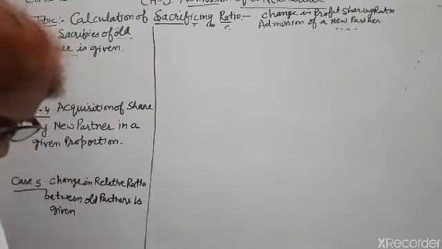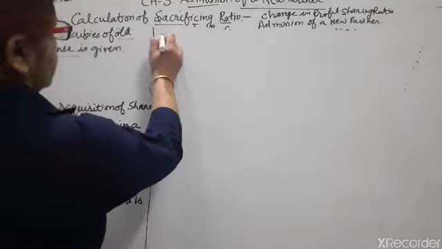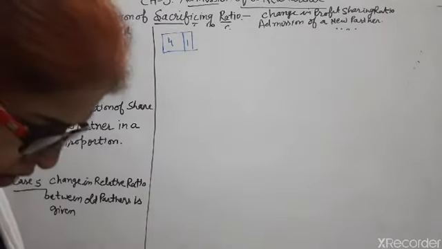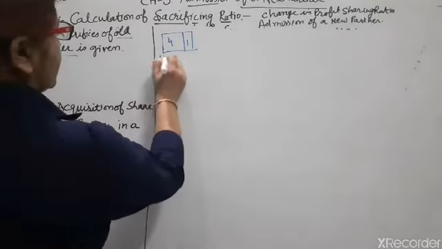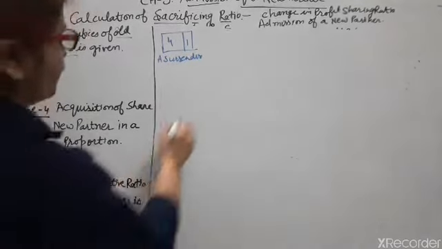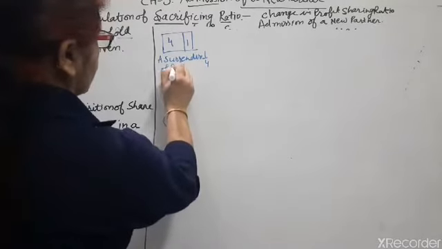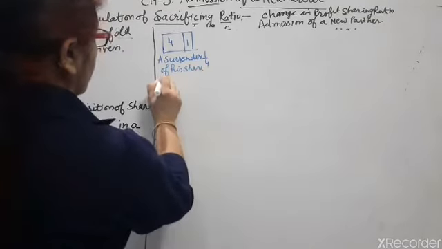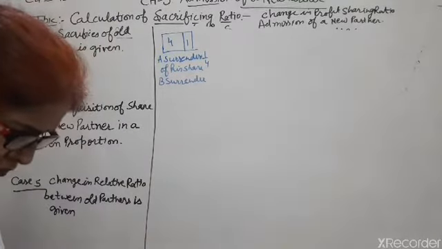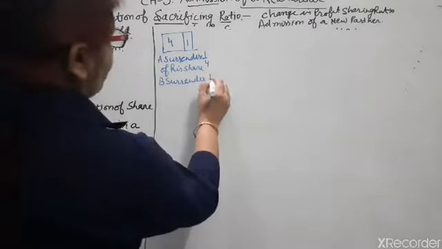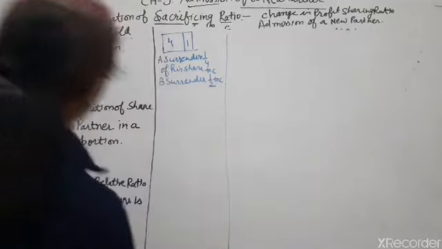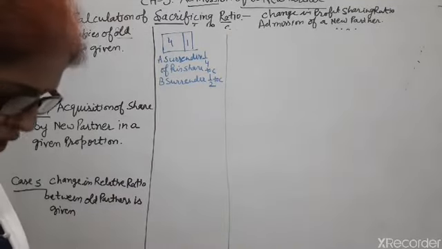For example, A and B are partners sharing profit in 4:1, and C is admitted, and A surrenders, A sacrifices 1 by 4th of his share, and B surrenders 1 by 2 of his share to C. That means the surrendered sacrifice part ratio is given.